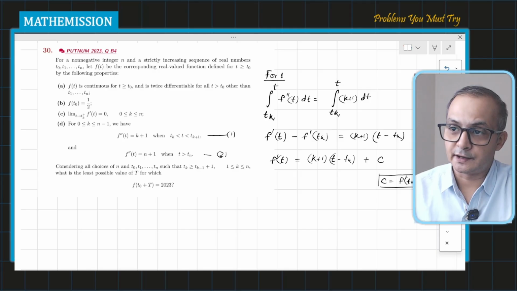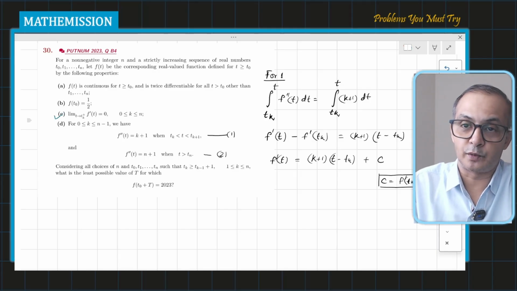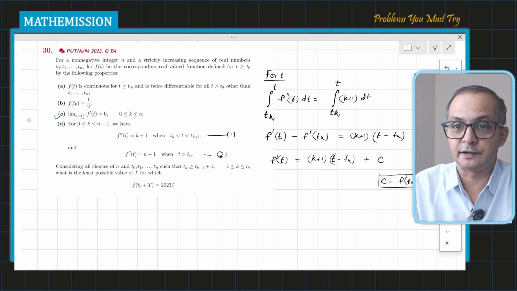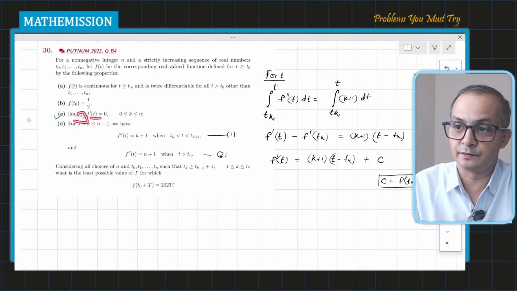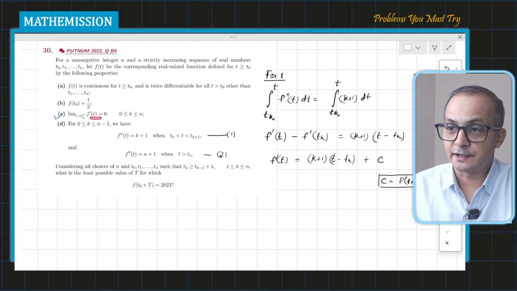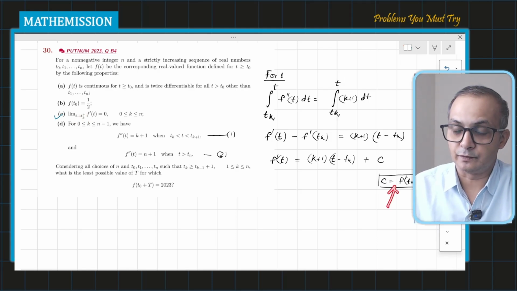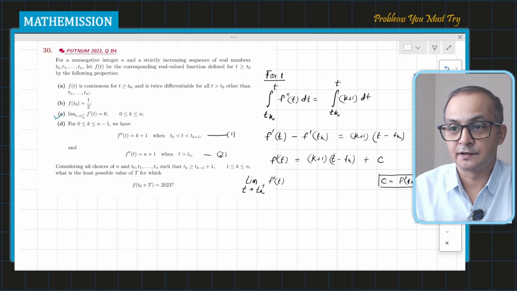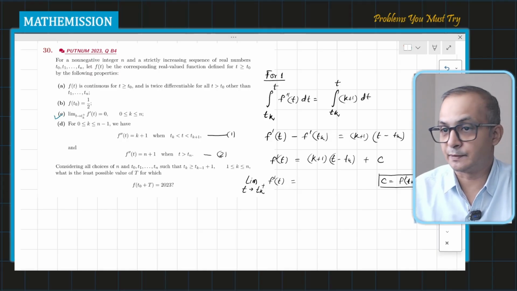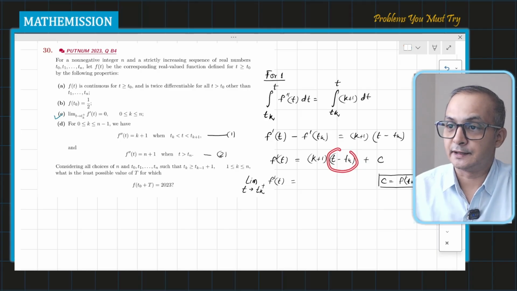Now the third property given there, try to observe: when t approaches tk plus, f dash t is 0. So this is not the approaching value, this is a fixed value. But when you apply the limit t approaches tk plus to f dash t, and apply the same limit on the right hand side, because of this gap t minus tk, that gap will be 0.